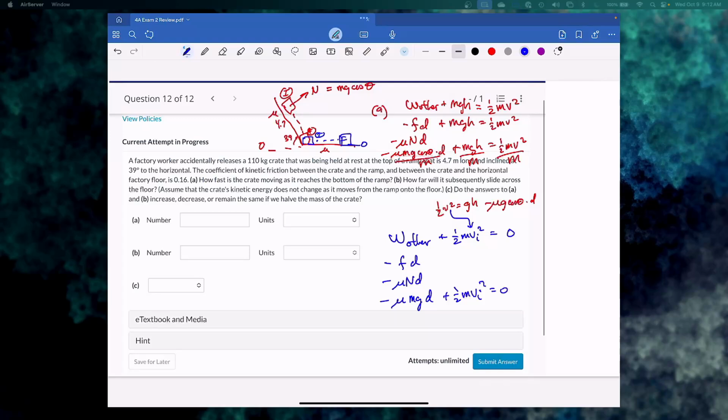So do the answers A and B increase, decrease, or remain the same? Same, because the mass canceled out. The answers to A and B are different. But part C says, do the answers to A and B change if the mass changes? And the answer is no. It feels like magic, but it's actually science.